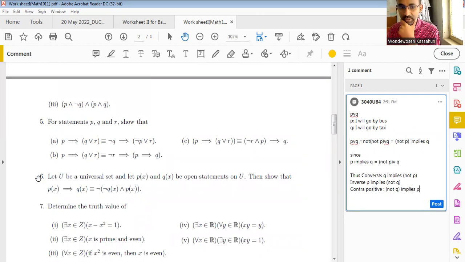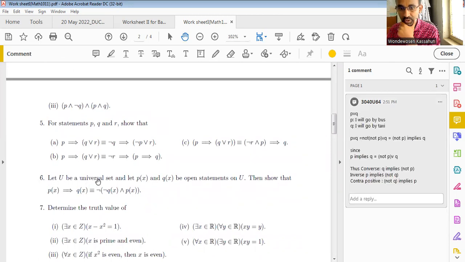So number 6, let's see this one. Let U be a universal set, and let P of X and Q of X be open statements on U. Then show that P of X implies Q of X is equivalent to not Q of X and P of X. Okay.